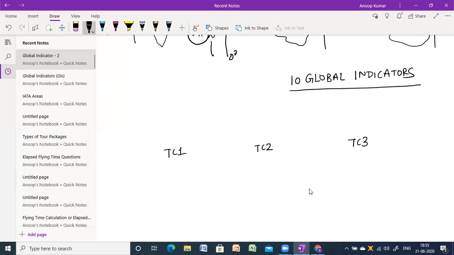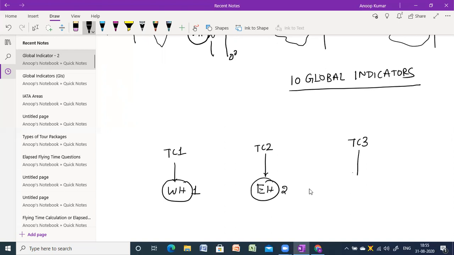Suppose a flight is traveling only in TC1, in that case the global indicator will be WH. WH is the first global indicator. Similarly, if the flight is moving only in TC2, the global indicator will be EH. So EH is the second global indicator.